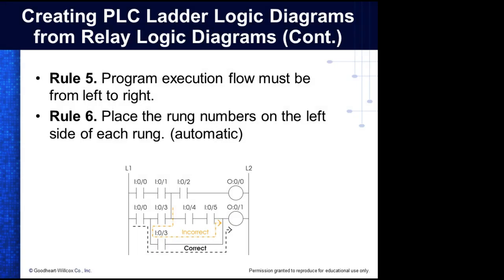Program execution flow is from left to right. We don't want to create a backflow. Notice here, why they did this or not, I don't know what the purpose of this instruction is right here, because it basically eliminates everything. It says I've got to have 3 energized to energize this, but it says if 3 are energized, we bypass 1 and 4.